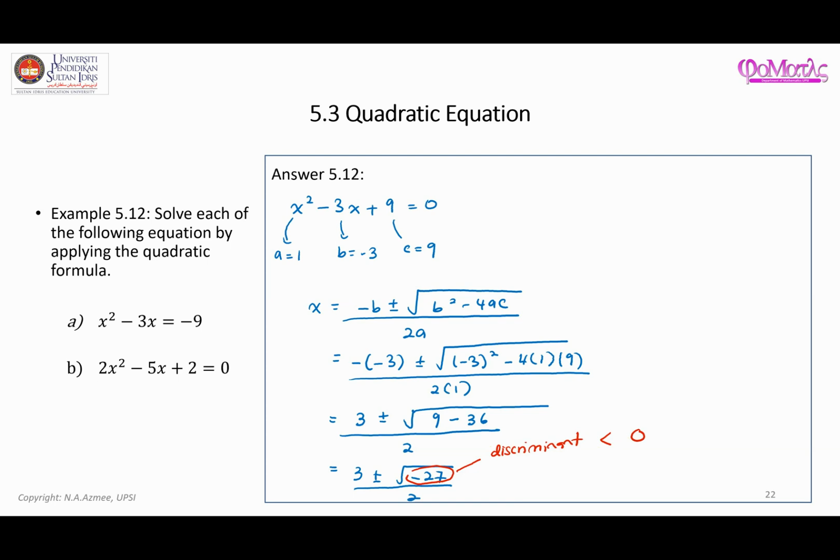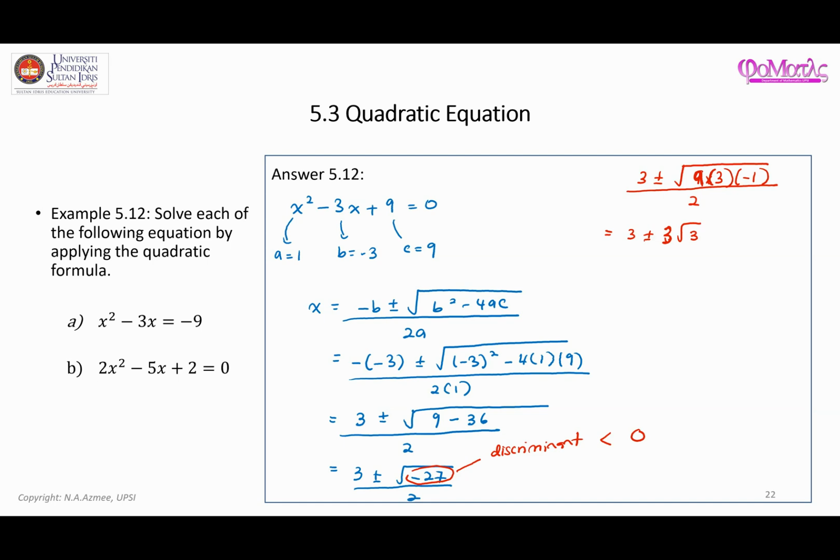So let's continue. We have 3 plus minus the square root of 9 times 3, and you have negative 1, over 2. So this is equal to 3 plus minus, and you can take out 9 from the square root, so it becomes 3 square root 3.